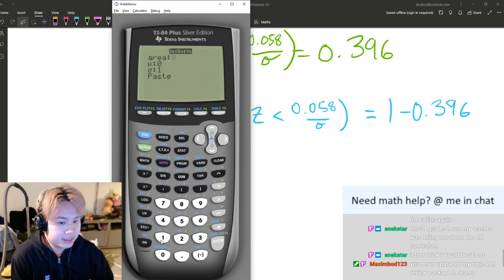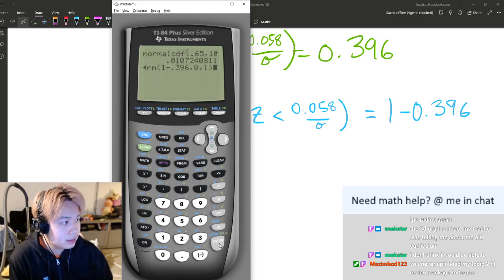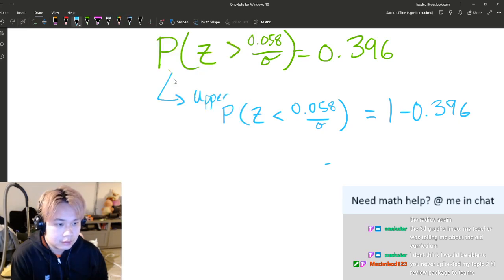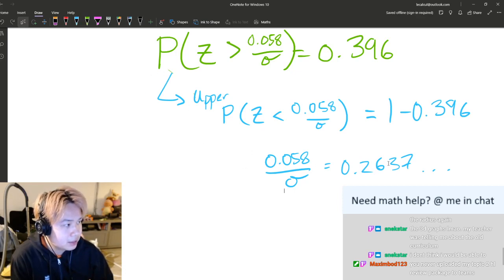So my area is 1 minus 0.396. And again, standard deviation and mean are 0 and 1, not necessarily in the order that I just said that they are. So here's my z-score from the inverse normal, 0.2637... And I know that if I take this number and divide by the standard deviation, I should get this.